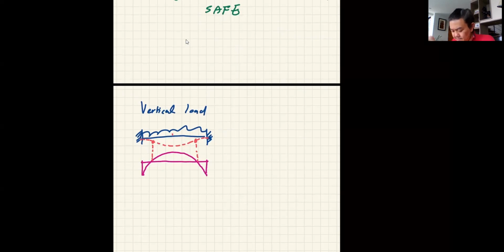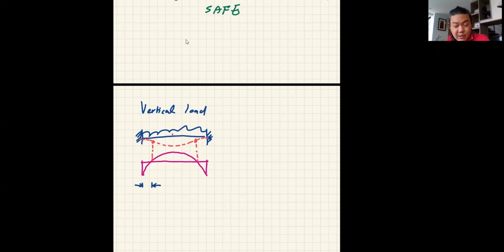So for the fixed end, generally, for a typical fixed support, we can say that this location is approximately 0.2 L if it's a uniform load. So instead of going through whatever method that you have to go through, you just assume that, okay, my hinge is going to be there and put it there.